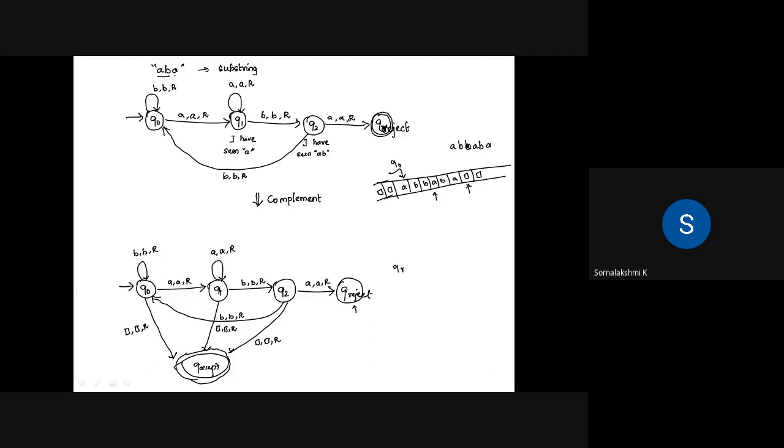Q reject doesn't have a transition on blank. There is no configuration for this. Q reject on seeing a blank, I haven't specified any branches. So it's a halting condition, and the machine stops. When the machine stops, it's not in the accepted state. So this string is not accepted by the Turing machine. So this is one way of doing it.